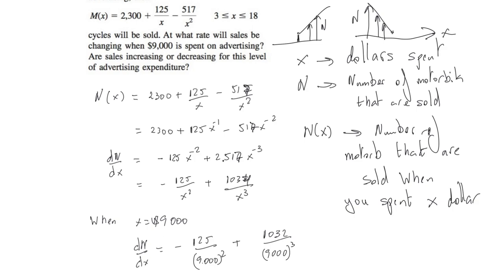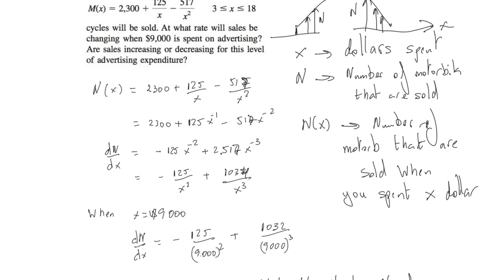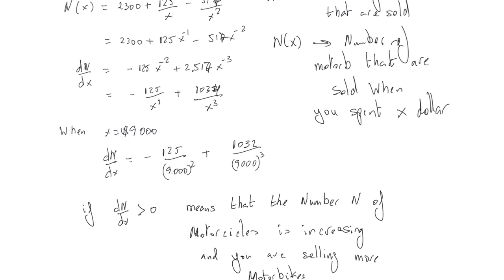Okay, when x equal 9,000, you will plug 9,000 into your equation, and you will have the slope. But here there is a mistake, because x is in thousands. So what I have to plug in is not 9,000. What I have to plug in is 9.